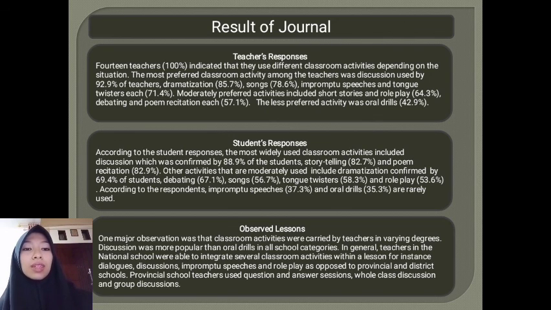Debating is 97.1%, songs is 56.7%, tongue twisters is 58.3%, and role play is 53.6%. According to responses, impromptu speeches at about 37.3% and oral drills at about 35.3% are rarely used.